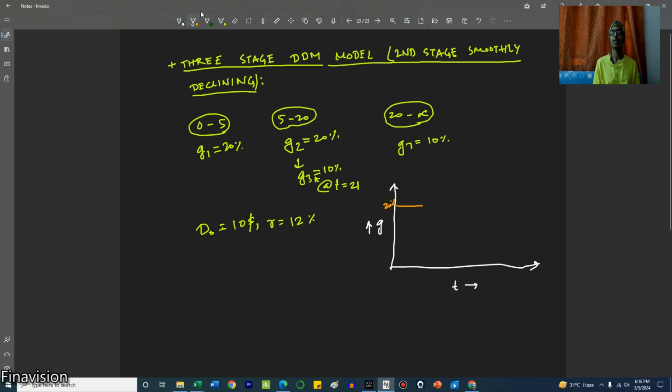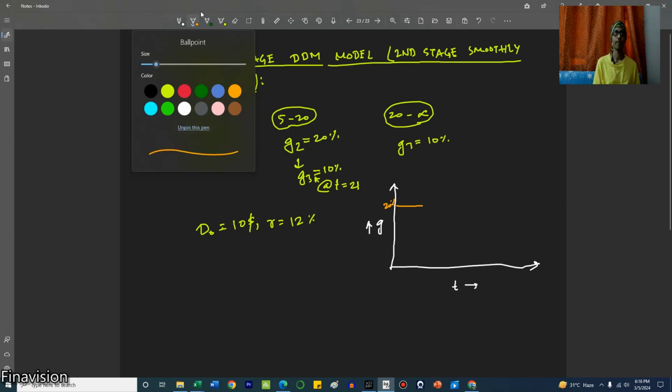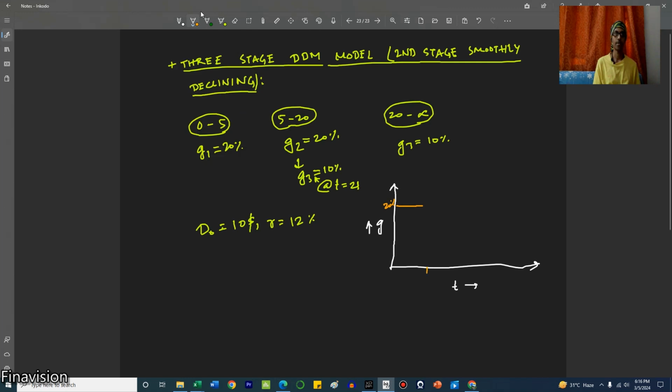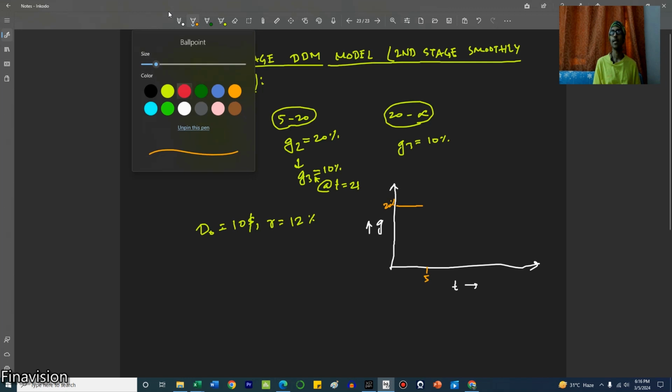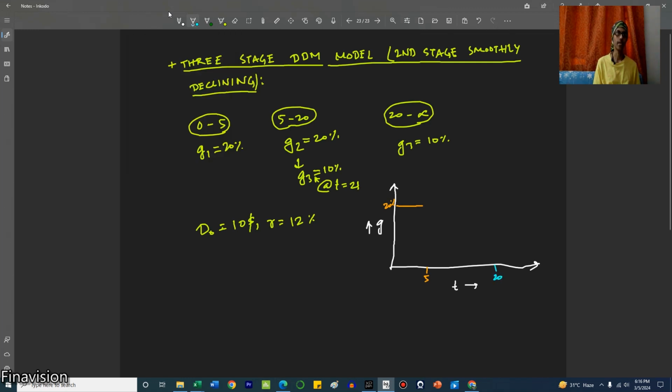Then at t is equal to 5, then from 5 till 21, the growth rate smoothly declines to 10%.